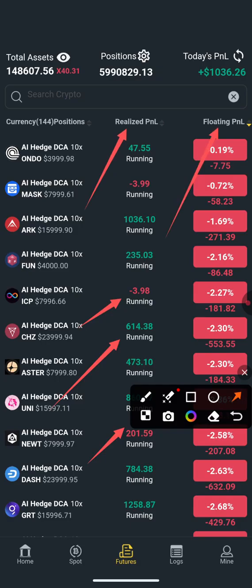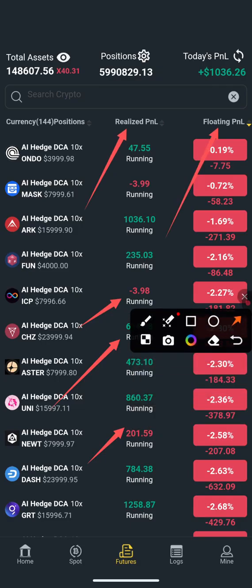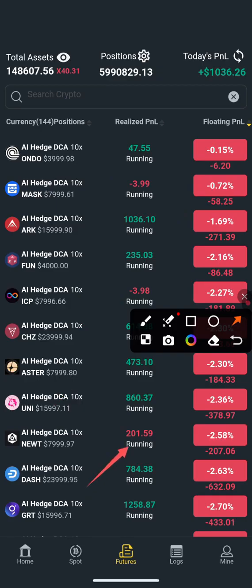But when it's red, you can see this realized P&L is red. Why? Because the floating P&L is more than the realized P&L. So in this condition, this trade is not going to reset. The trades only reset when there is net profit.